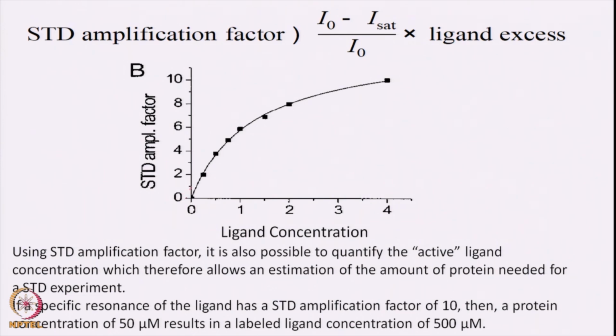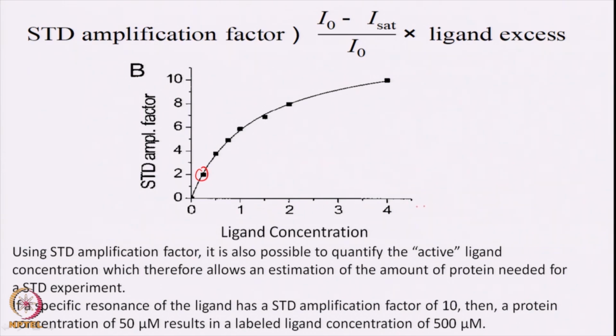The STD amplification factor can be fitted, and that can give you the binding strength of this particular protein to the ligand. Using the STD amplification factor, it is also possible to quantify the active ligand concentration, which therefore allows estimation of the amount of protein needed in the STD experiment, right.